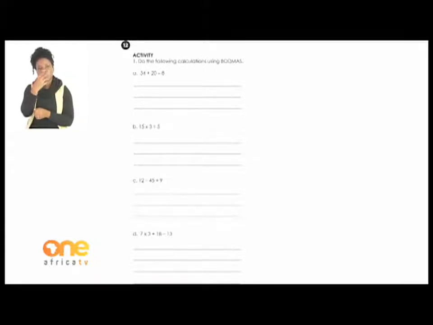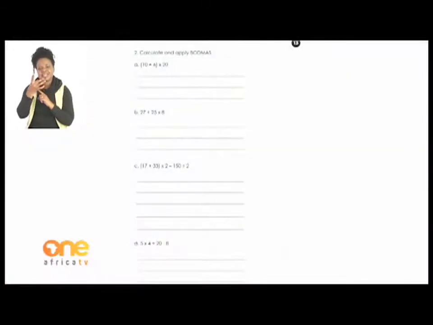B, 15 times 3 divided by 5. Number C, 12 minus 45 divided by 9. And number D, 7 times 3 plus 18 minus 13.